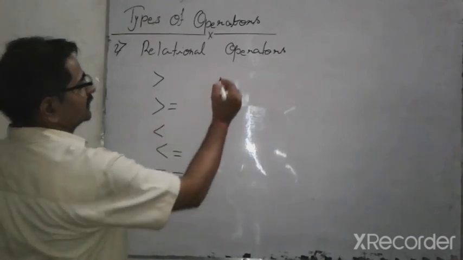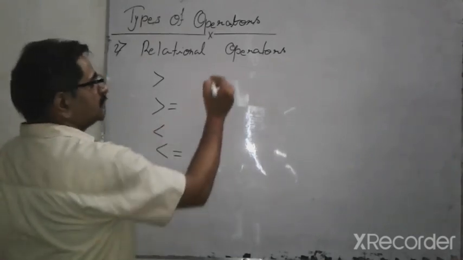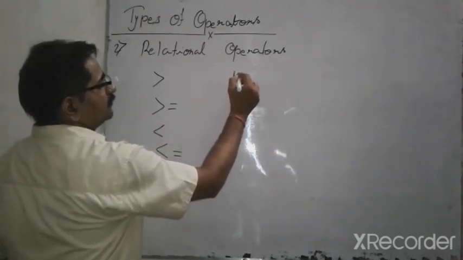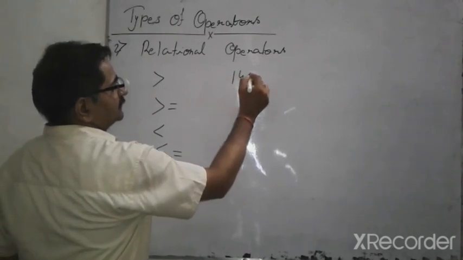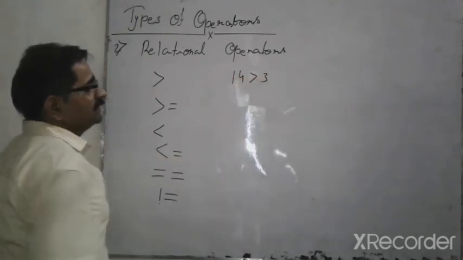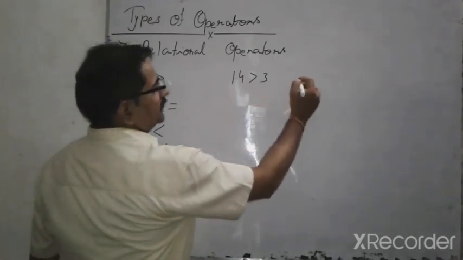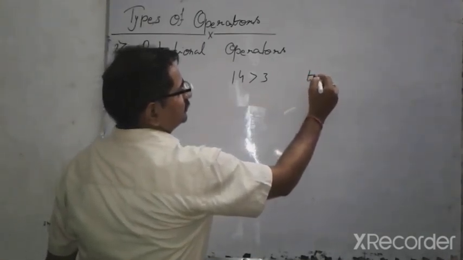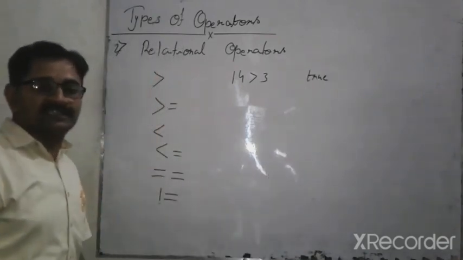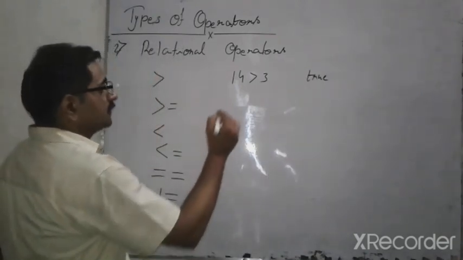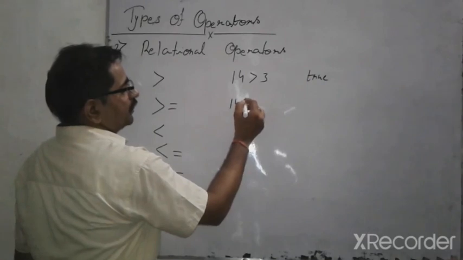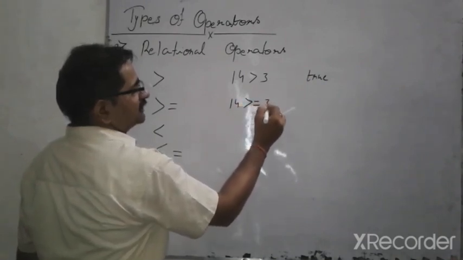Here we take a simple example. Suppose you have 2 values, 14 and 3. If we write 14 is greater than 3, it returns true, since 14 is greater than 3. Now 14 is greater than or equal to 3.